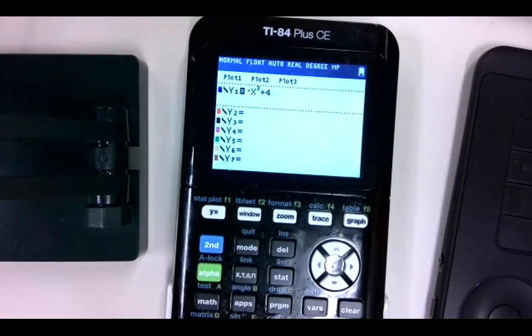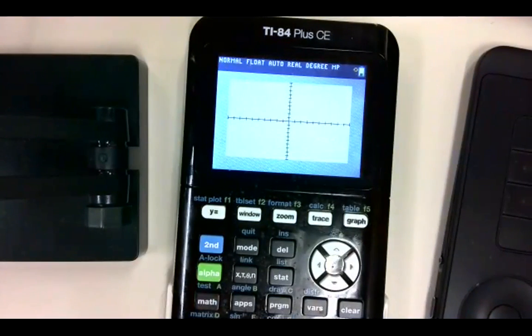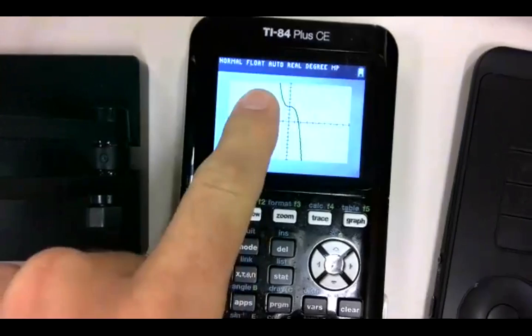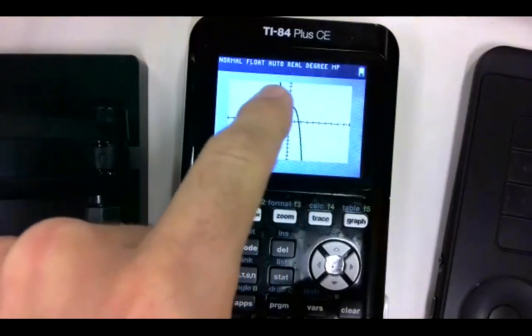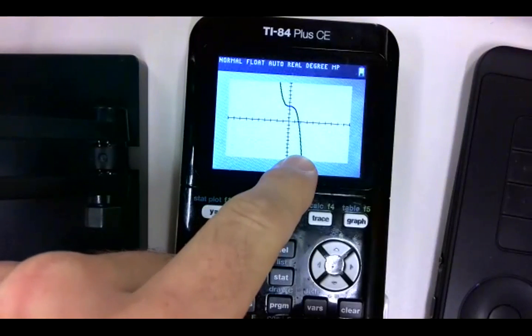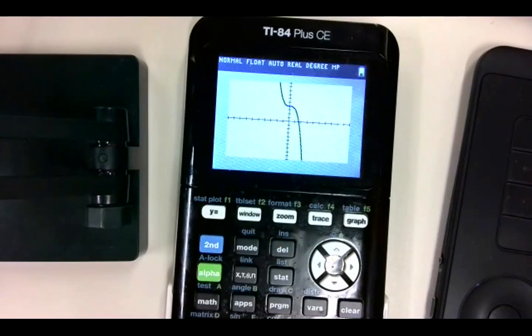So what does a reflection over the x-axis look like? When you do that, notice it was going from low to high. Now it's going from high to low. Does anybody have any questions?